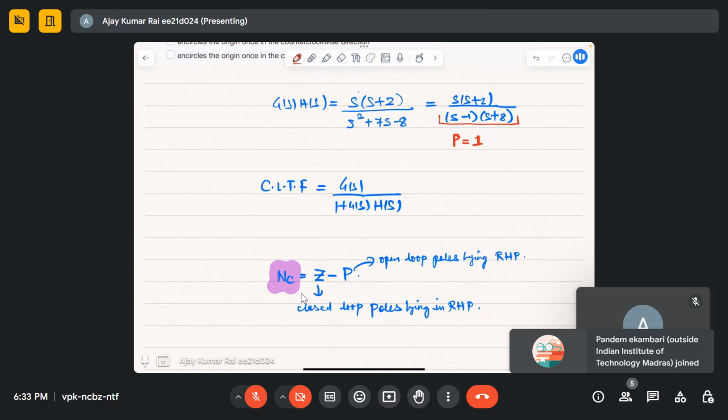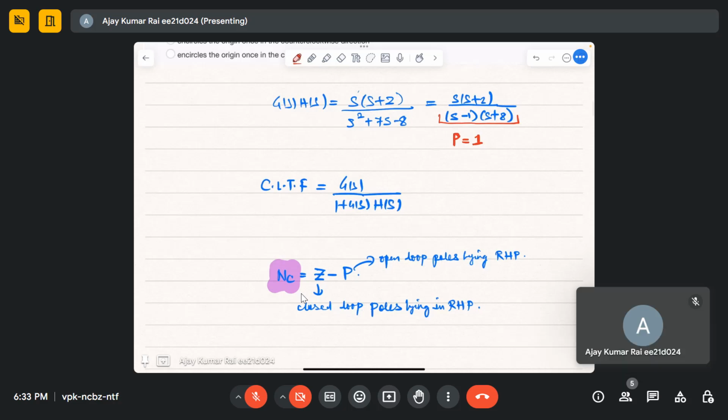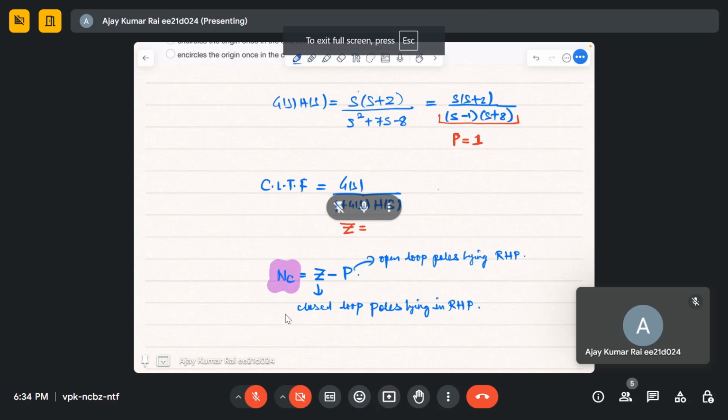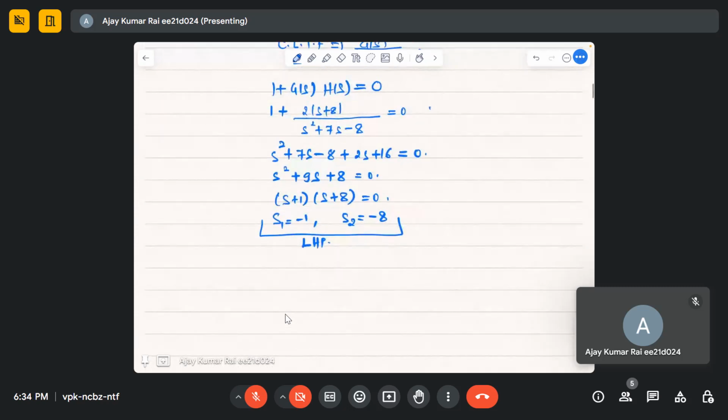Let's find out the value of Z. Let me write 1 plus G(s)H(s) equal to 0.